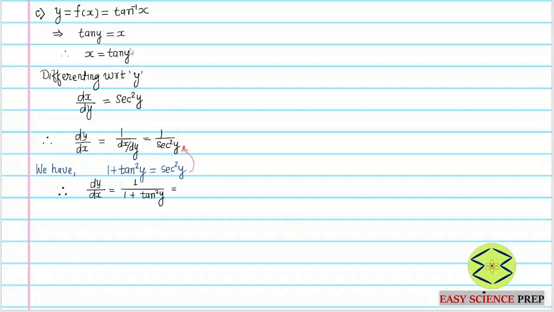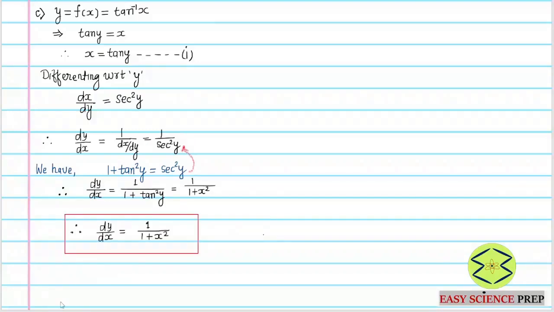Now tan y is x. We can call this equation 1 for our reference. From equation 1 I can put x instead of tan y, so it is going to be 1 upon 1 plus x square. Similarly, you can also find the derivative of cot inverse of x. By a similar method, only a minus would come there, nothing else changed: 1 plus x square.